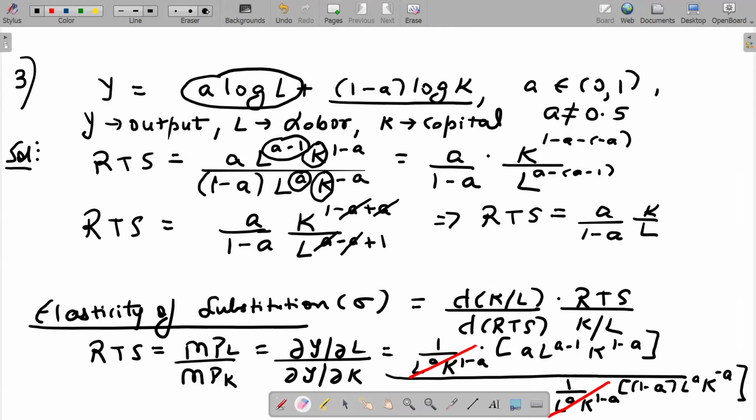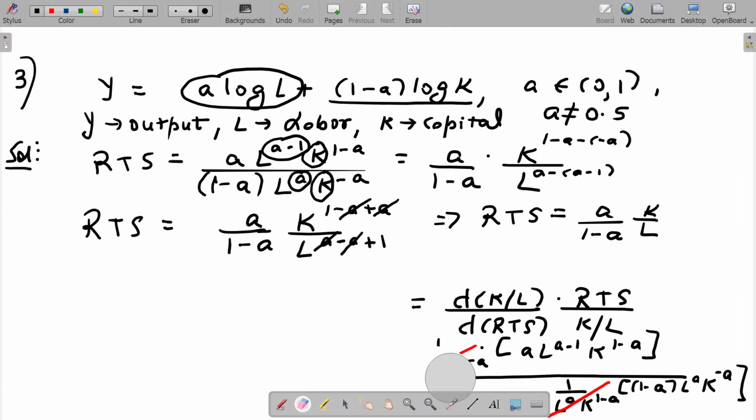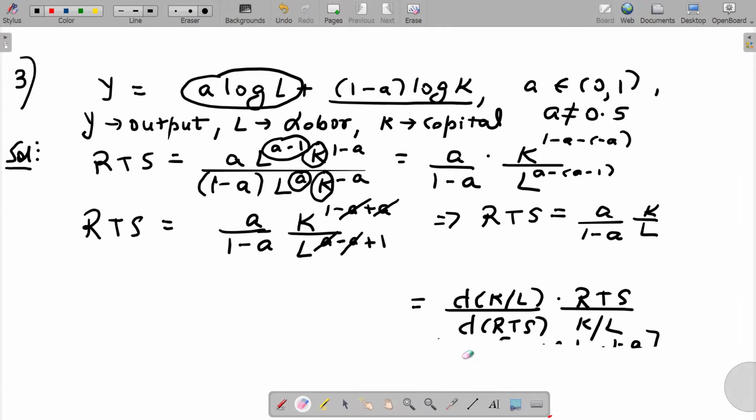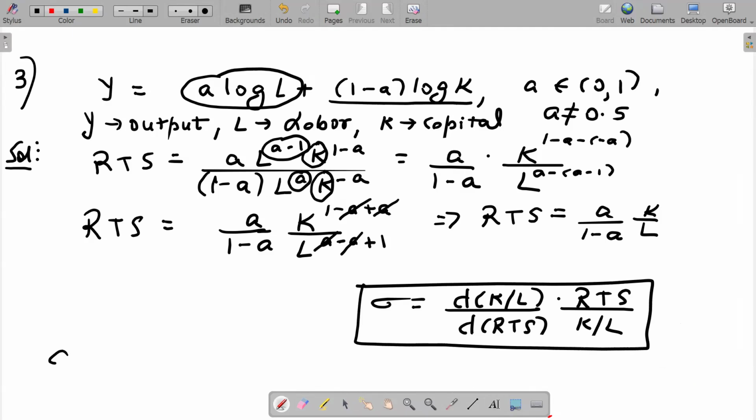So now what will dRTS by dK by L be? I am erasing all this off. Let the formula still remain on the screen. This is the formula for sigma, remember? This is my formula for elasticity of substitution. So if I do dRTS over dK by L, what am I doing?